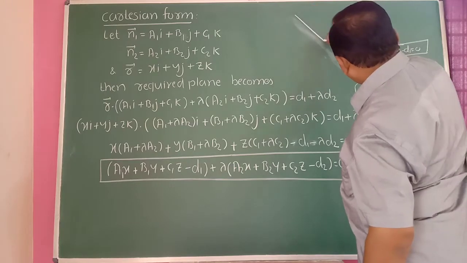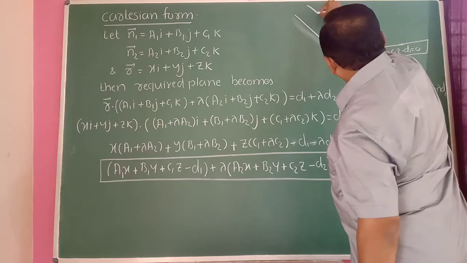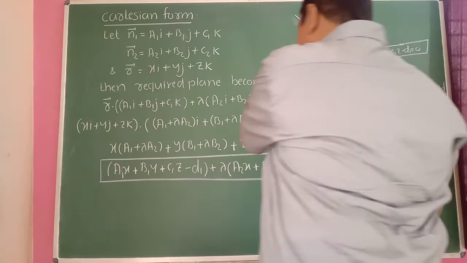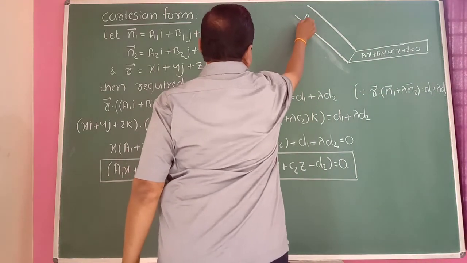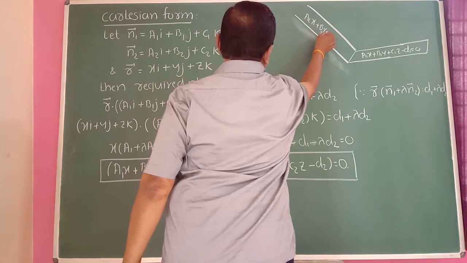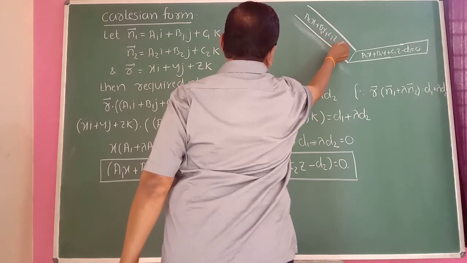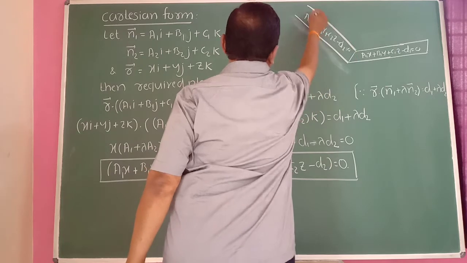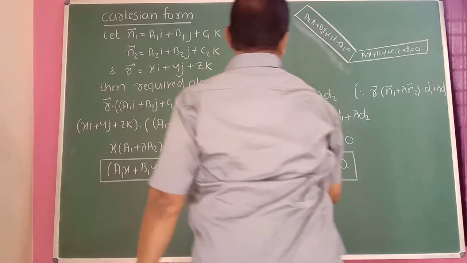Consider this one more plane; its equation is A2x plus B2y plus C2z minus D2 is equal to 0. This is the other plane.